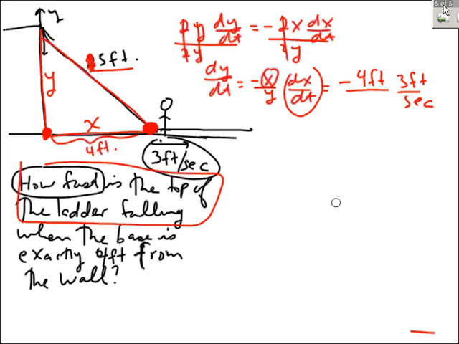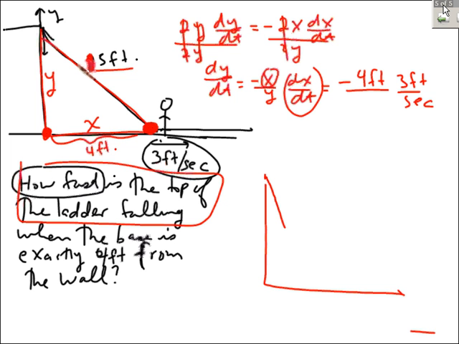So, like I said, we don't know what y is. Now, y is not a constant. For example, at some point, maybe the ladder looks like this.